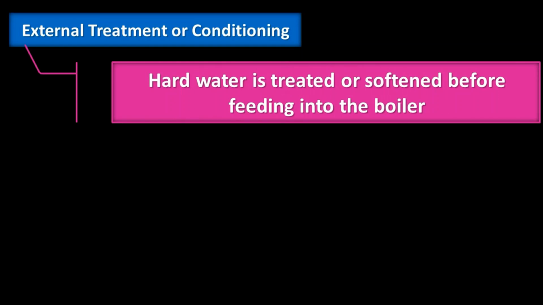That is, we can treat the water outside the boiler and then feed it into the boiler, or treat the water inside the boiler itself. So external treatment is concerned with treating or softening the water before feeding into the boiler. That is, we treat the water outside the boiler and the purified or soft water is fed into the boiler.